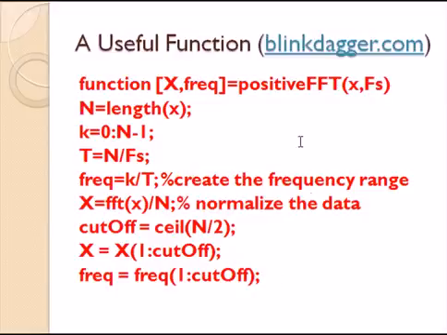All I know is I send it a set of data, time samples, and a sample rate, and then I get back a set of FFT values and for each of those a corresponding frequency. Then we can plot the absolute value of x versus this frequency and get it the way we want it. All right, so check out blinkdagger.com if you want this script.